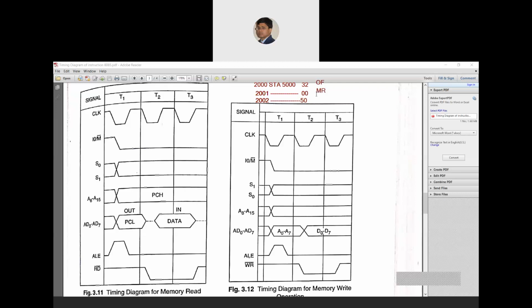This is your memory read, this is again a memory read, and as it is STA, there is finally one memory write operation also.